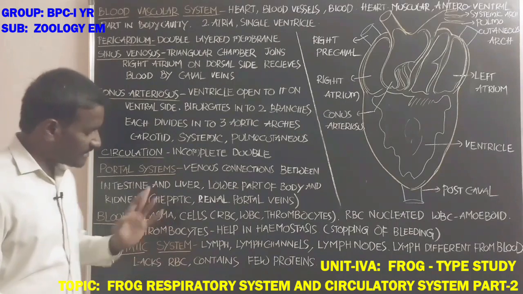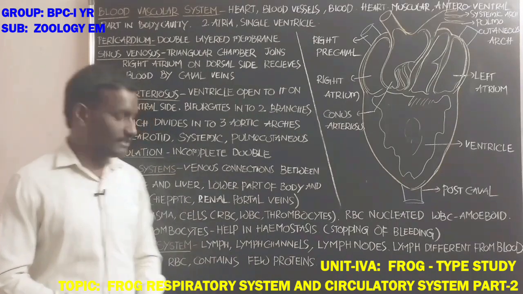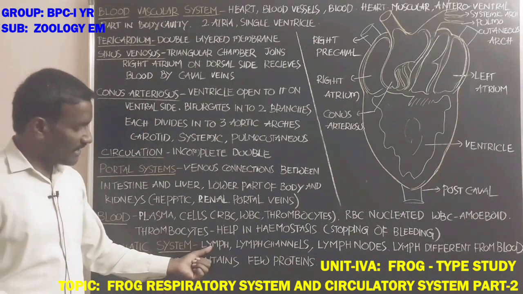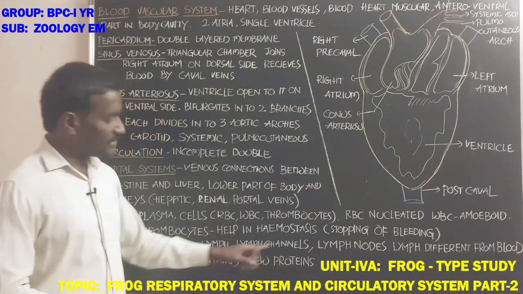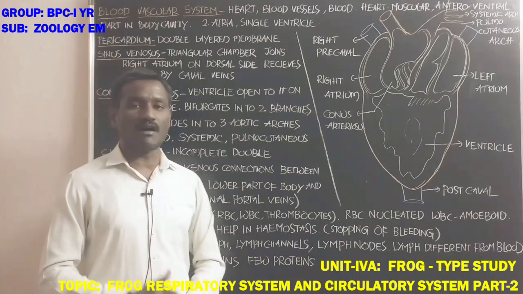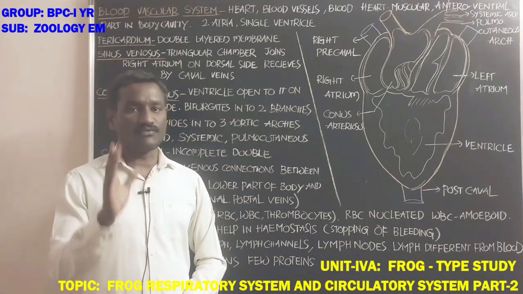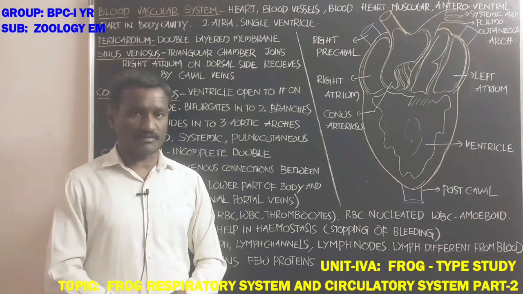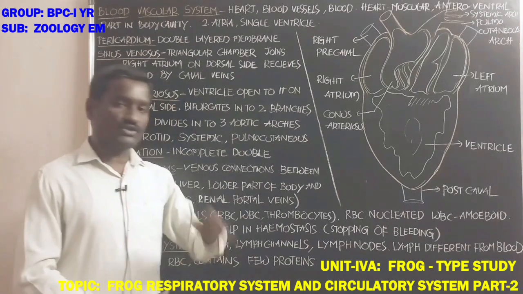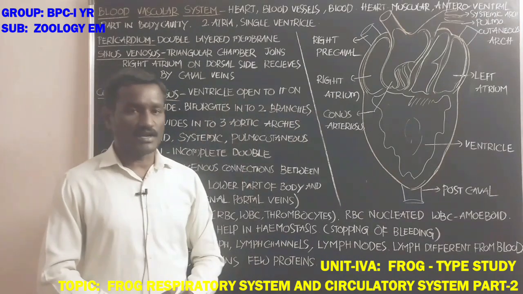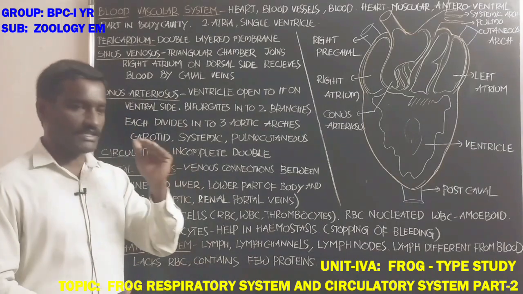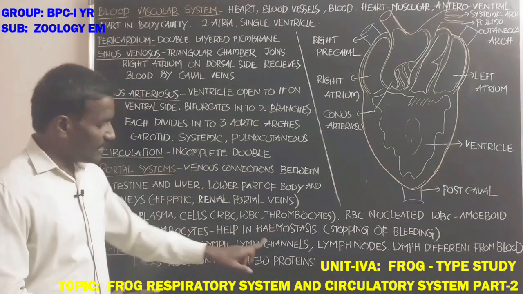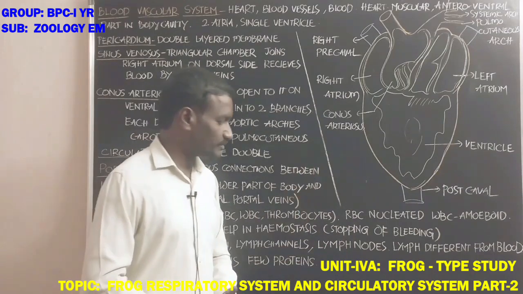Next, lymphatic system, students. The lymphatic system contains lymph channels and lymph nodes. Lymph channels are lymph capillaries, lymph vessels, and lymphatic ducts, which allow the transport of lymph through the lumen of these vessels, ducts, and channels.